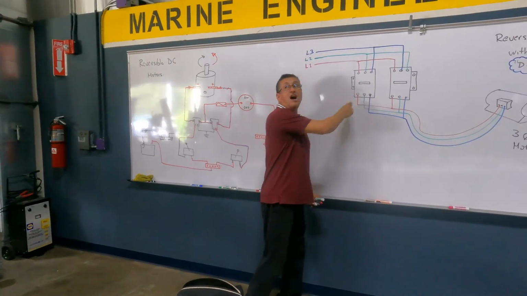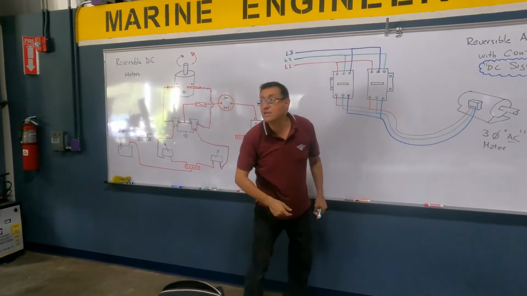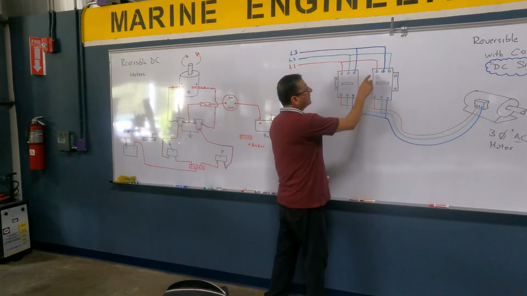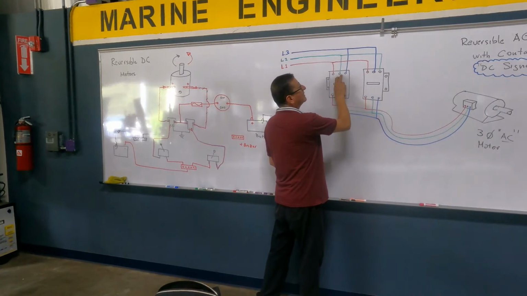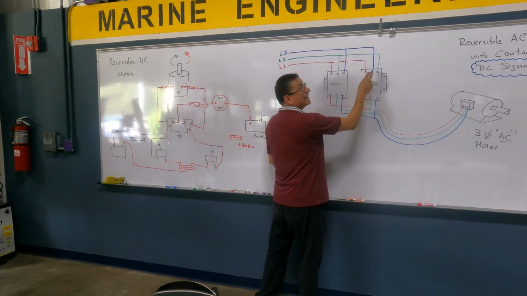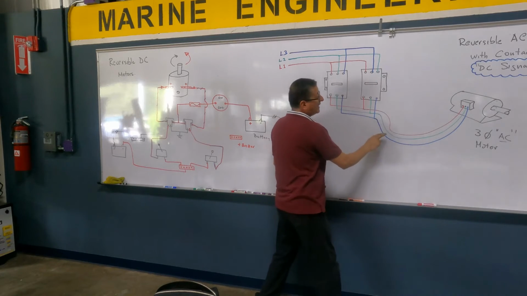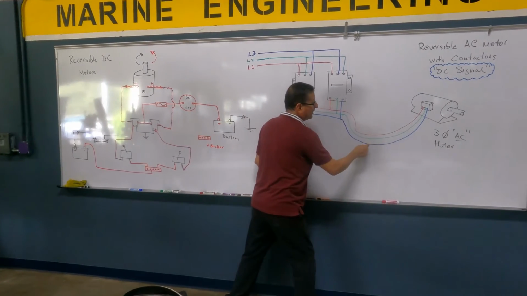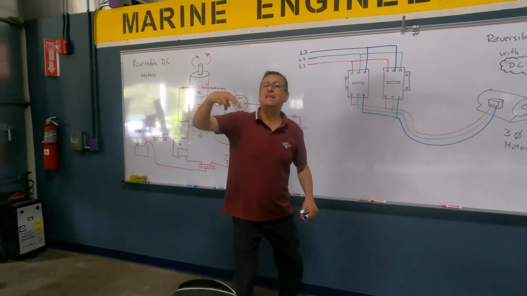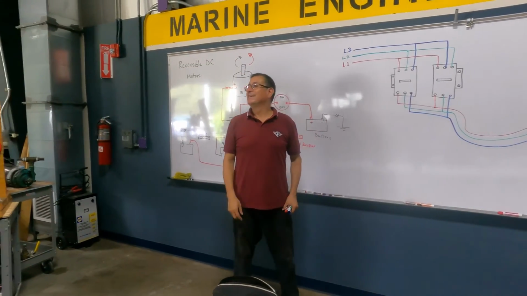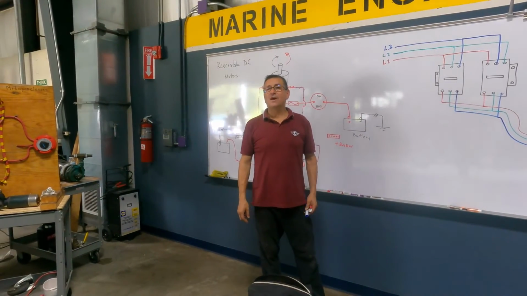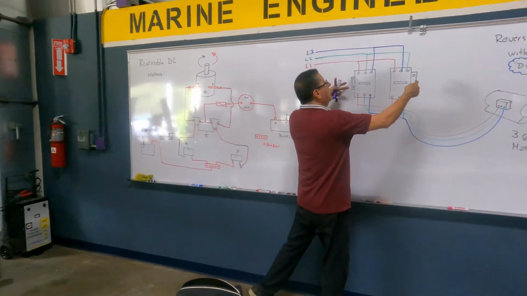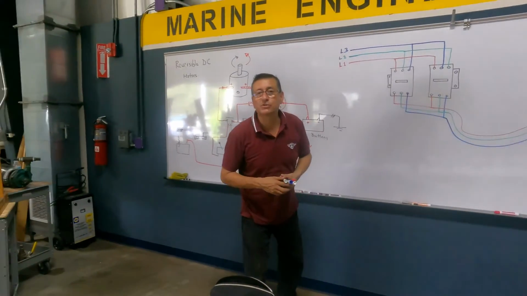When this one is off and this one on, what happened with this phase and this phase? They are switched. In this one you have blue, in this one you have green, and the motor is spinning the opposite way. Everybody follow me?